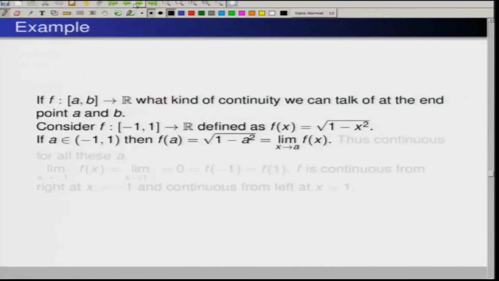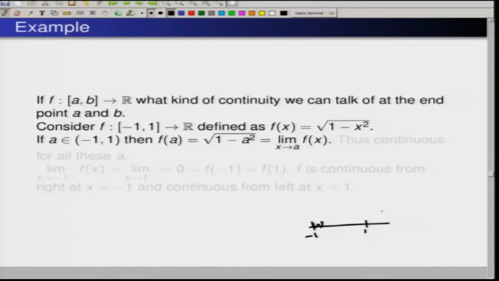If I take the limit as x tends to a, however close a is to minus 1 or 1, we can always get a delta such that a minus delta is bigger than minus 1 and a plus delta is less than 1. Therefore, we have no problem in defining this, and the limit of f of x as x goes to a equals f of a. So for all points a in the open interval (minus 1, 1), f is continuous.